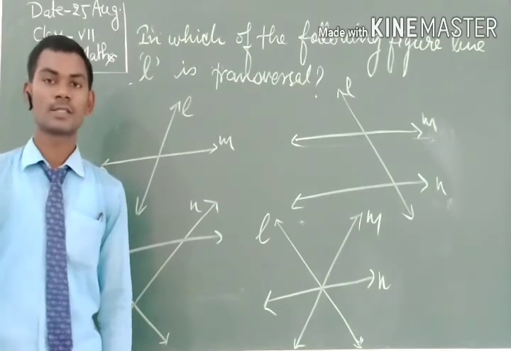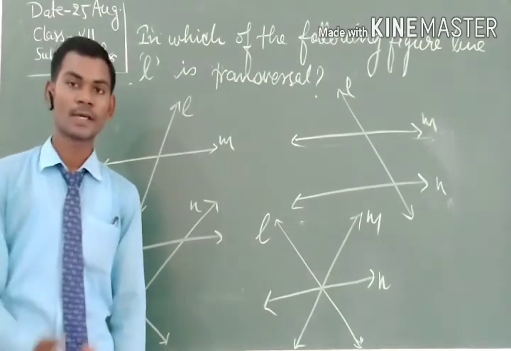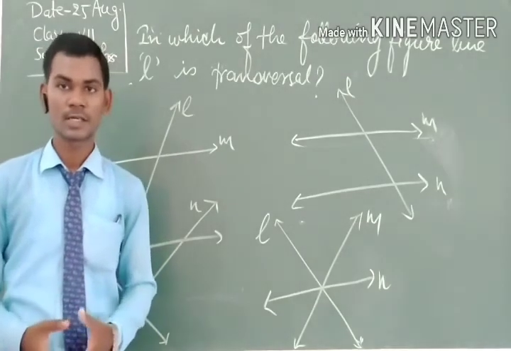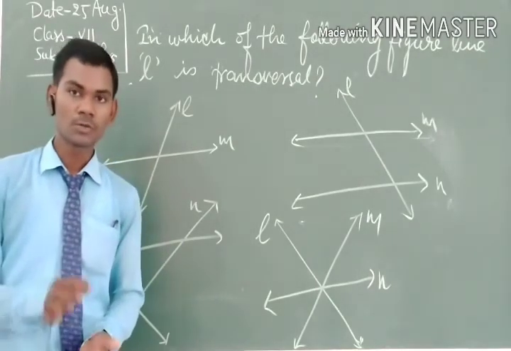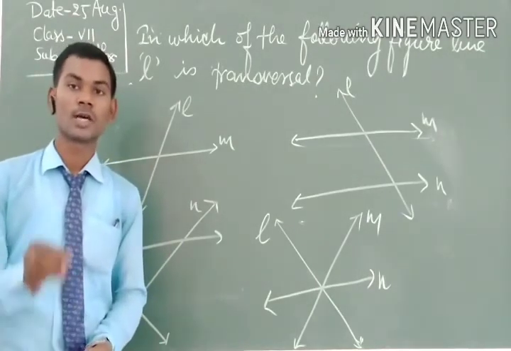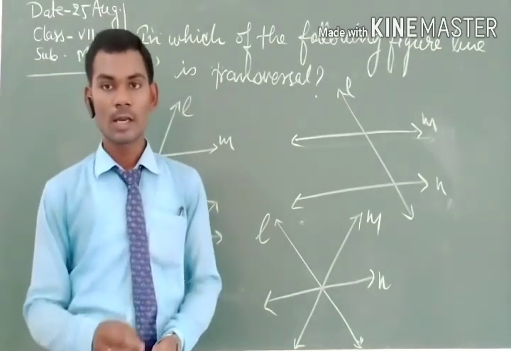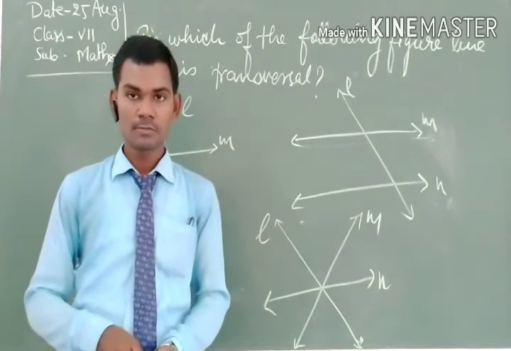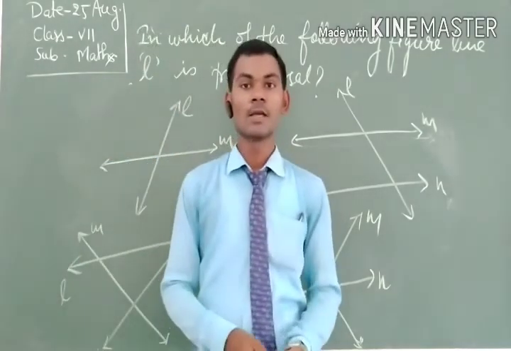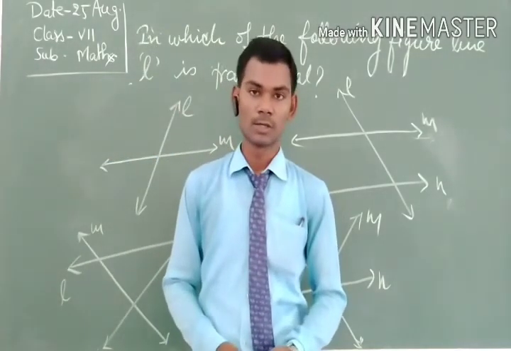So let us see. First of all, to identify which line is a transversal, we have to know the definition of the transversal, because without the definition we cannot identify which one is a transversal.